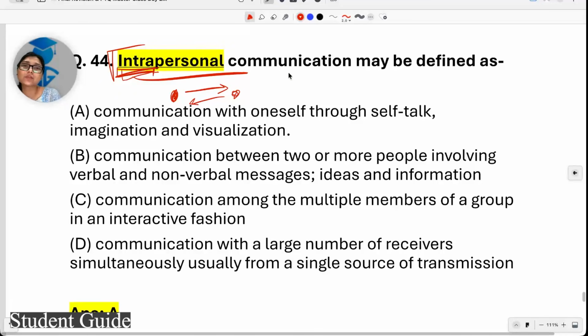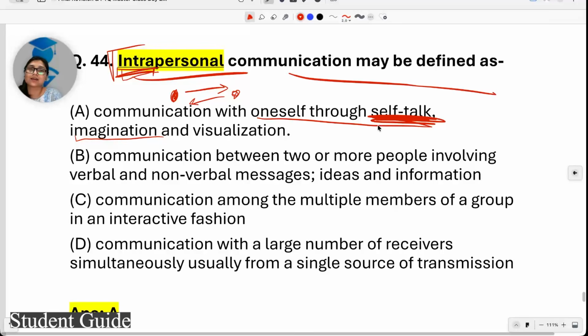So intrapersonal communication may be defined as, option number A is saying communication with oneself through self-talk. Yeah, you have got the answer. You don't need to go for the others, but if you want, you can. But if you need to save time, then whenever you see self-talk, imagination, sometimes we imagine things, daydreams, or something like that.